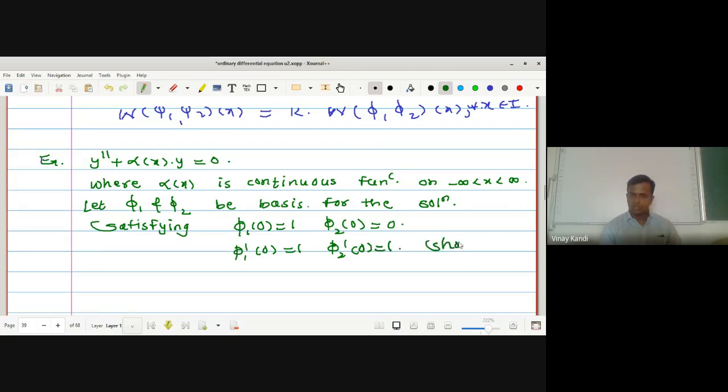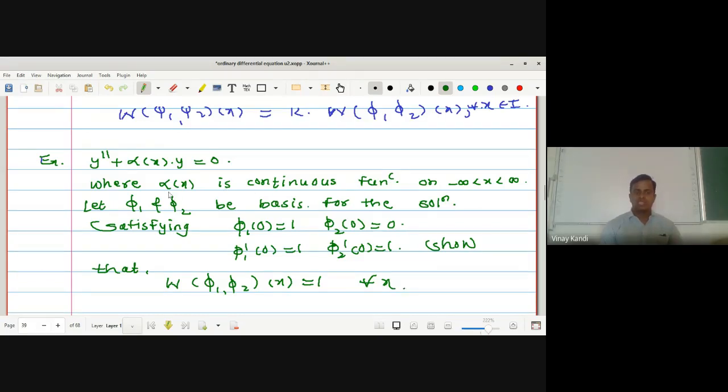Then show that rho skin of phi 1, phi 2 at point x is equal to 1 for all x. Okay.